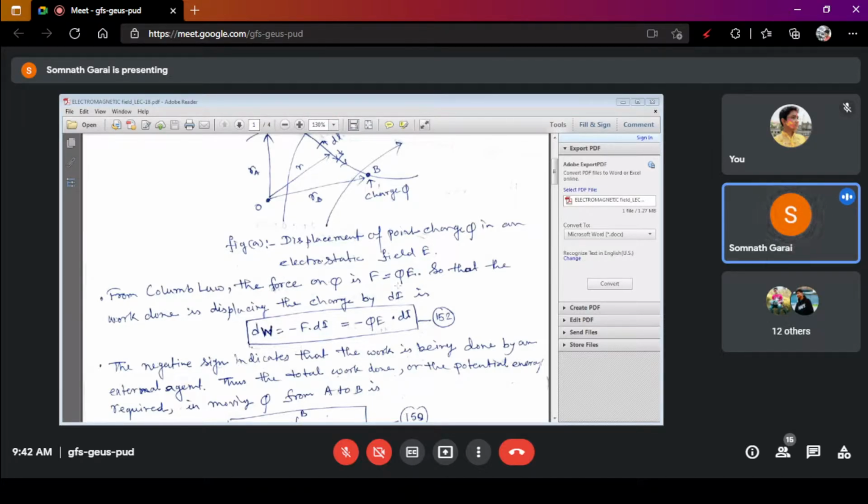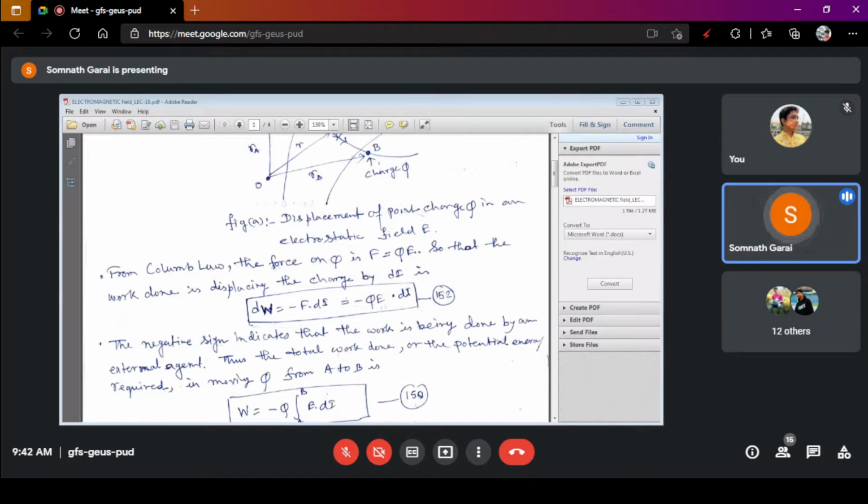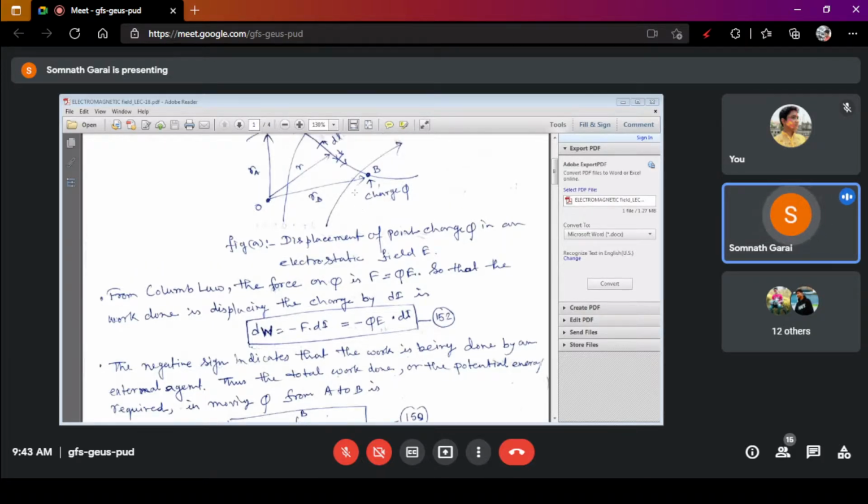Now, according to Coulomb's law, F = qE, because this charge q is displaced against the electrostatic field E. That's why force is equal to qE.